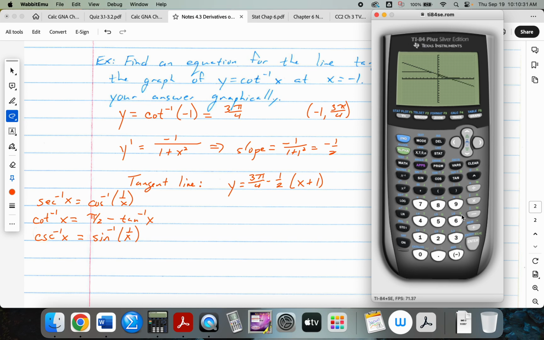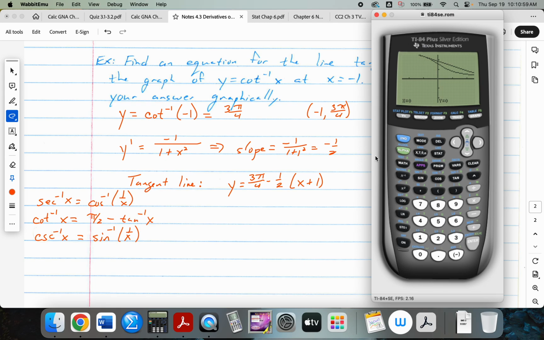Yeah, that looks pretty good. Might be better able to see it if we zoom in a little bit more. Maybe not. Yeah, you can kind of see that that's the tangent line over here.